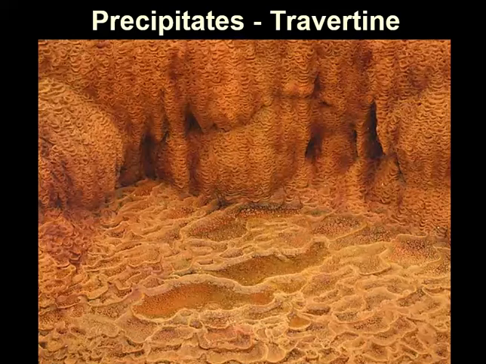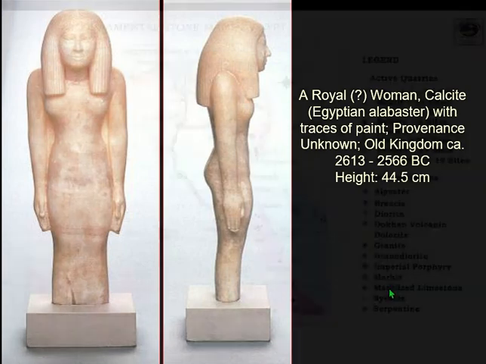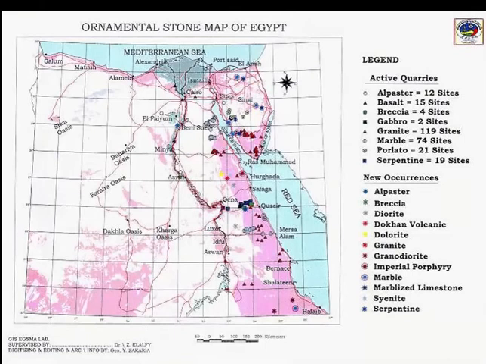This is a natural precipitate of travertine. You see the calcite is being deposited by water, and it will make Egyptian alabaster like this. You can see where the deposits have accumulated. So this is found in a number of places in Egypt.